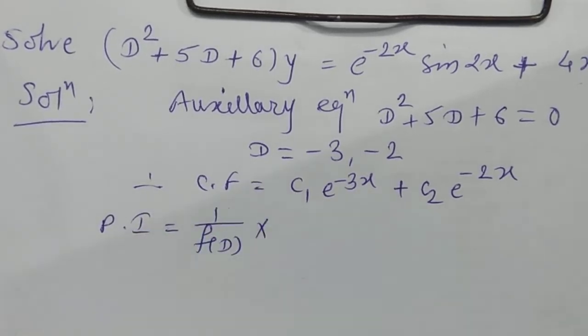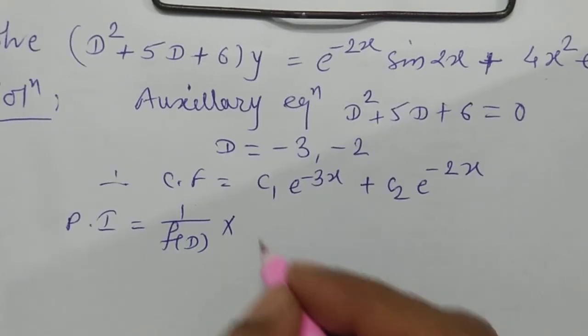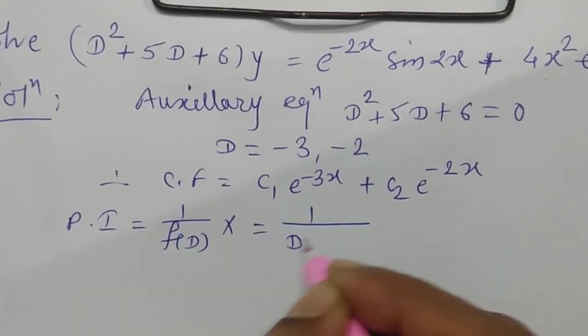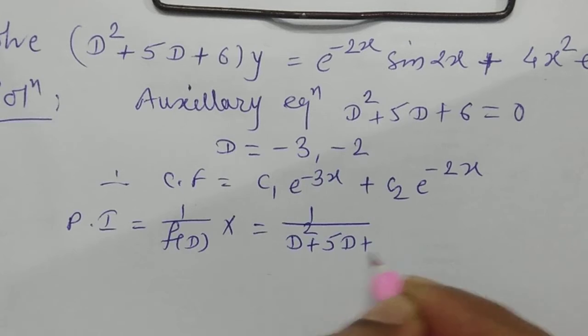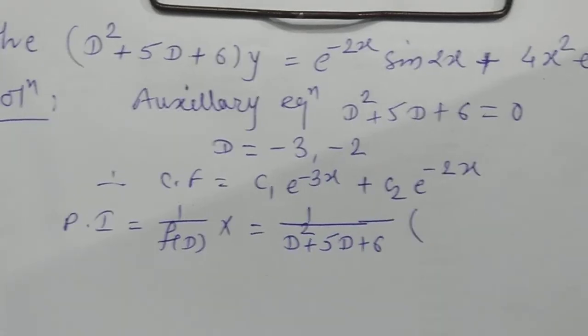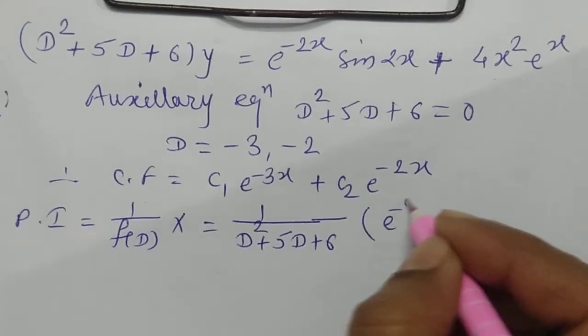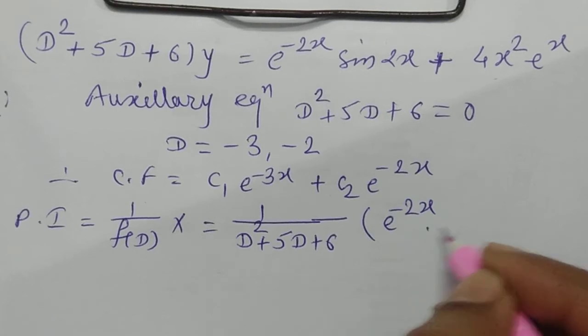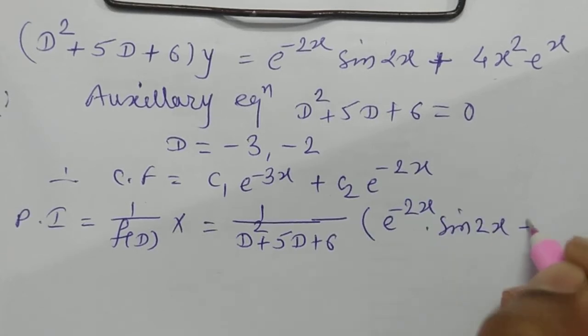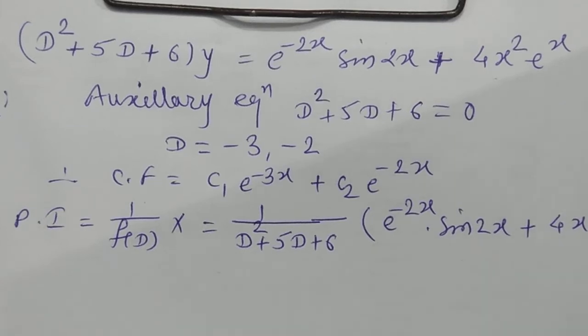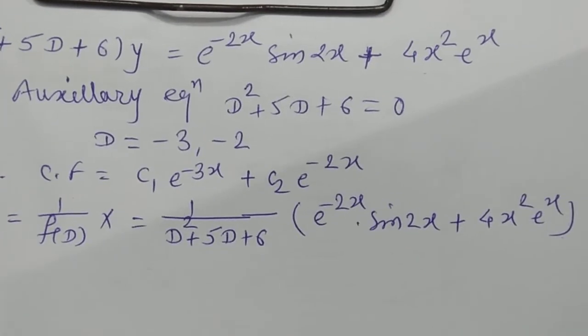The general formula to find PI is 1 upon f of D of x. So it is 1 upon D square plus 5D plus 6 of e raised to minus 2x into sine 2x plus 4x square e raised to x. Now we know whenever we solve, we have to separate this operator for all the terms, isn't it?